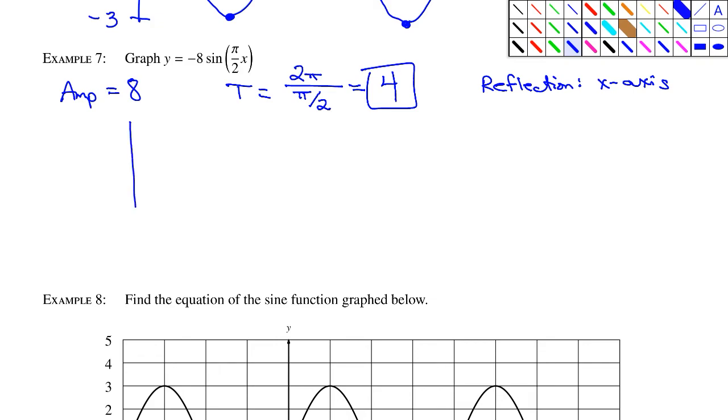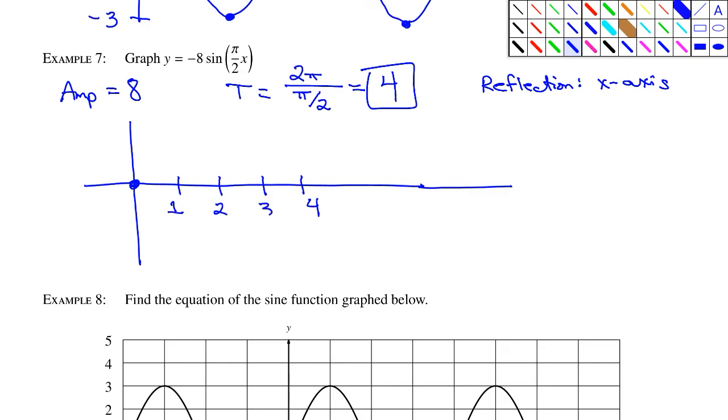It's the sine curve, but it's reflected. So it's still going to start at 0, and then let's mark off the 4 key parts to a period. But in this case, the period is 4, so actually each of these are just integers, 1, 2, 3, and 4. The sine curve should go up to the maximum, but because of the reflection, it starts by going down to the minimum.